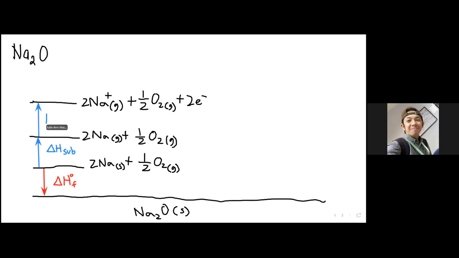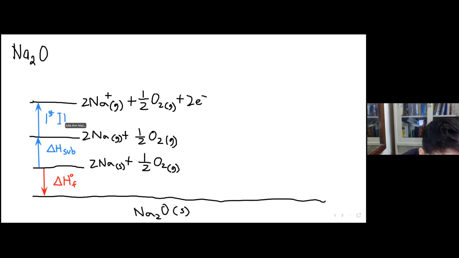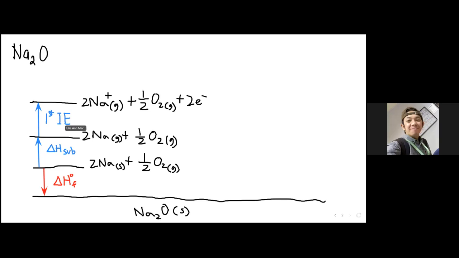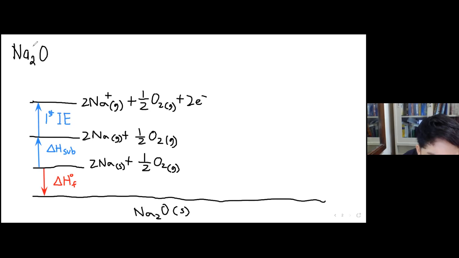So for that one, it's your first ionization energy. Can you define ionization energy again as a review? It's how much energy is needed to ionize a gaseous atom or molecule, or it could be the opposite.